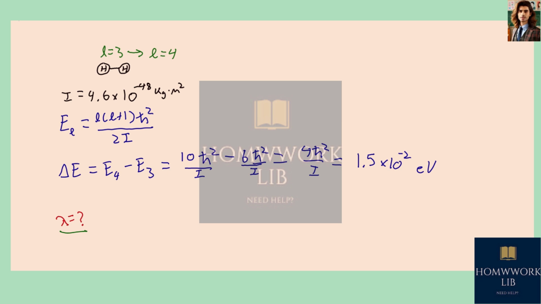And then we can take the equivalency that the energy of a photon is given to us by Planck's constant times the speed of light over the wavelength of that, and plug in this value, our delta E, here, which gives us that our wavelength is equal to hc over the delta E in the denominator of this equation.